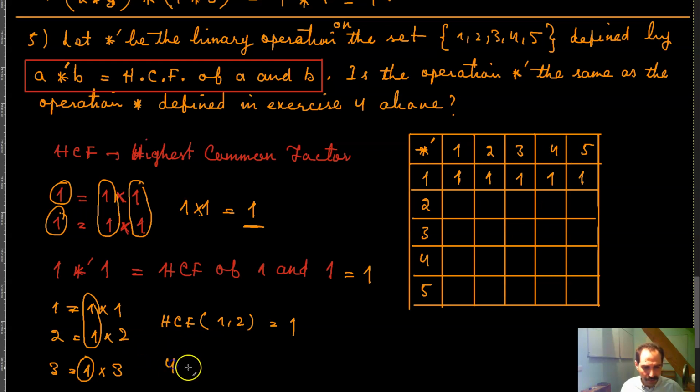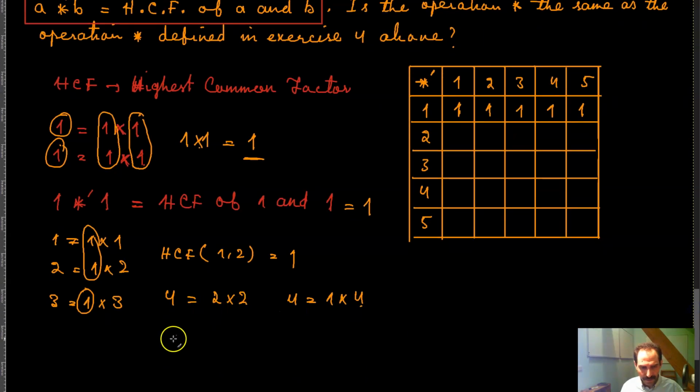But 4, you can write it as 2 times 2, or you can write it as 1 times 4, meaning that the factors of 4 are actually 1 and 2 and 4.